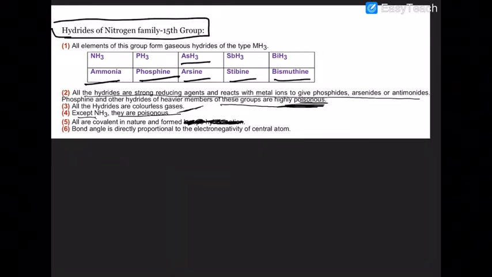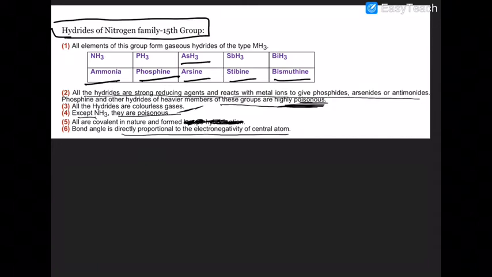The bond angle is directly proportional to the electronegativity of the central atom. It means the more the electronegativity of the central atom, the more the bond angle.